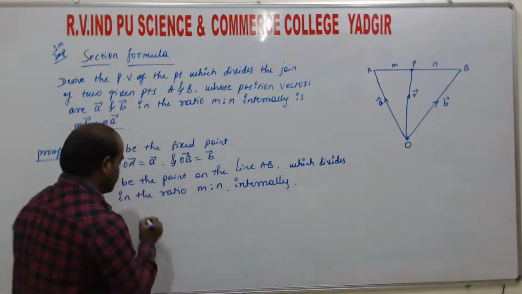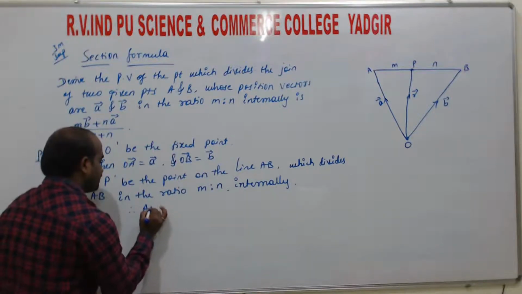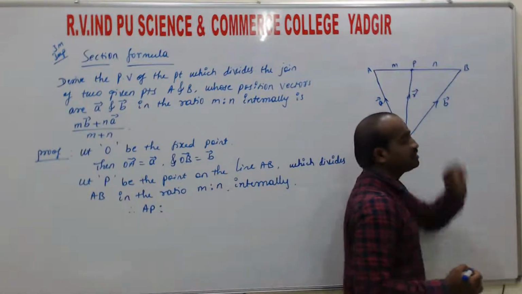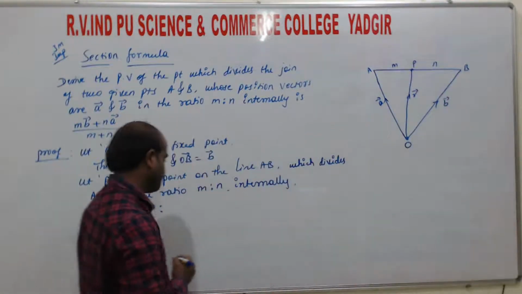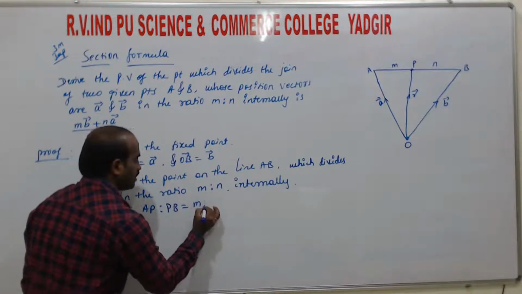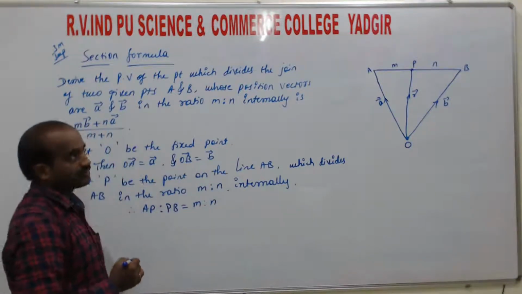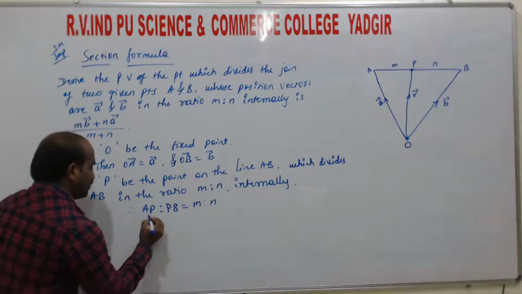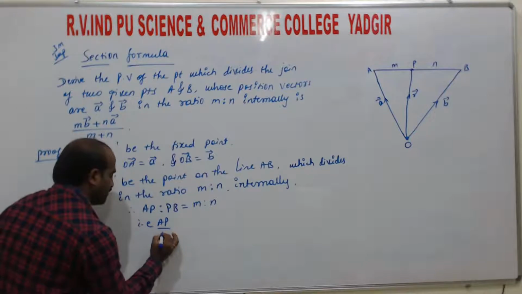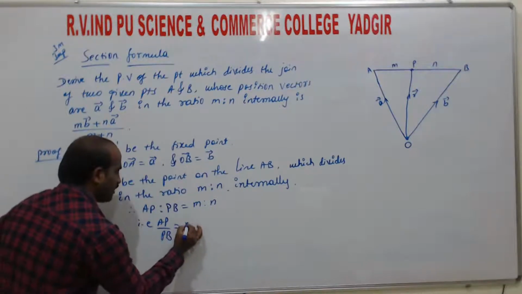Therefore, AP is to PB is equal to m is to n. That is, AP divided by PB is equal to m by n.